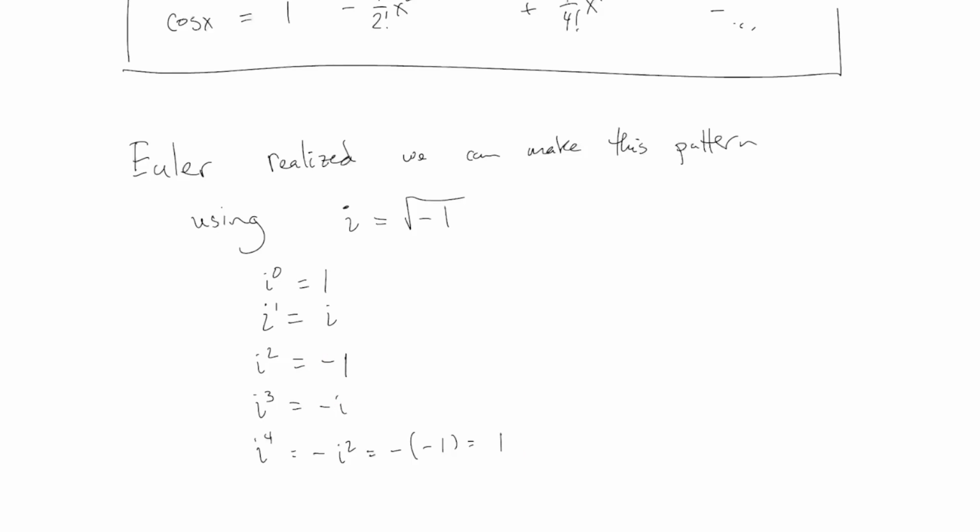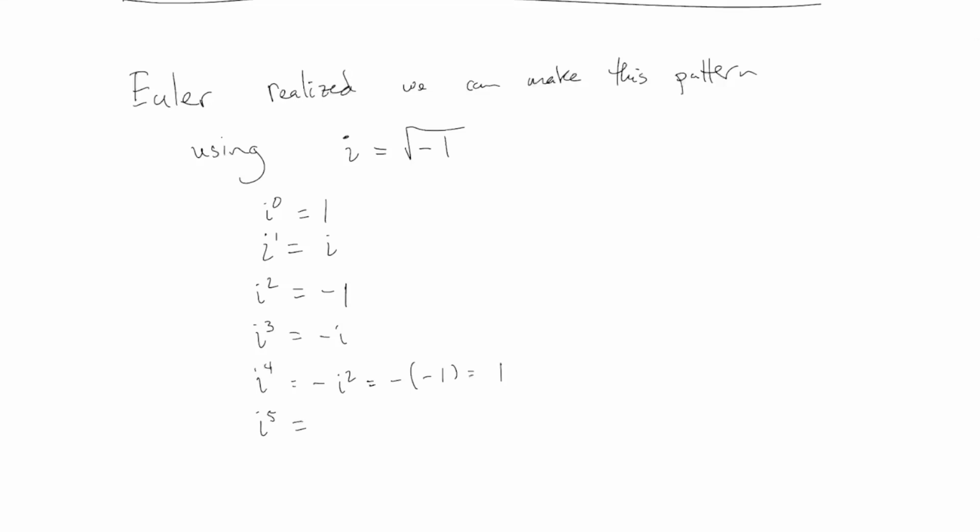And then what is i to the 5? Well, i to the 5 would be the previous one again times i. This is i again. And actually what you have here is this repeated pattern in blocks of 4. You go 1, i, -1, -i, and then 1, i, -1, -i. This will repeat forever.